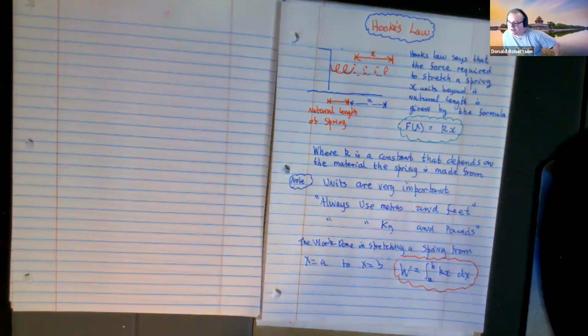You can't have something in meters and something in centimeters. Everything has to be meters. So when you do these questions, make sure that you use meters and feet, depending on the story, and kilograms and pounds, depending on the story. The kilograms and pounds don't seem to worry too much, but a lot of questions don't tell you meters.